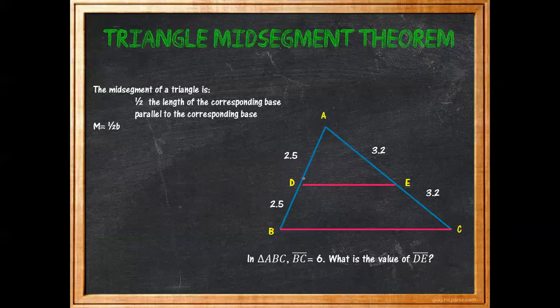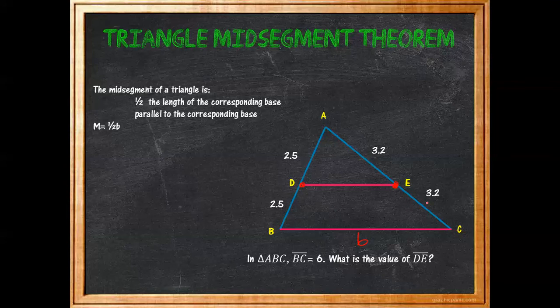On this one, it says in triangle ABC, line segment BC equals 6, and we want to know what is the value of DE. Now on this one, we don't have the little lines that tell us they're equal, but we do have the numbers that tell us they're equal. This side is 2.5 and this side's 2.5.